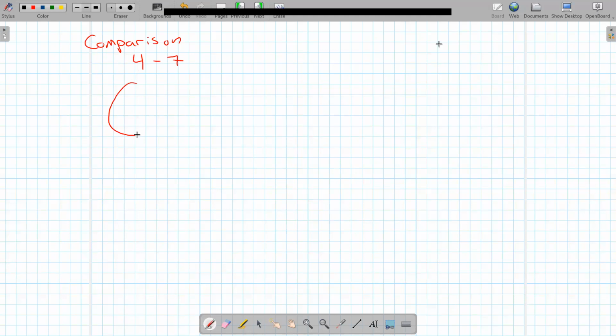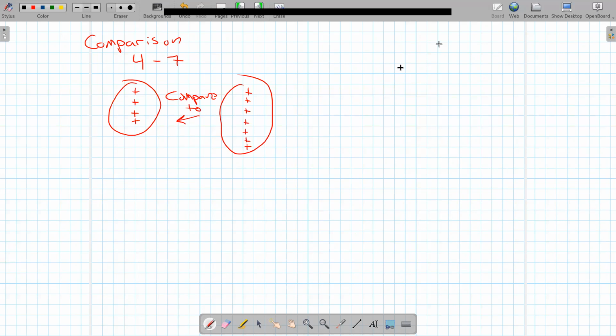So at first, when I try to do that, 1, 2, 3, 4, and then I compare to 1, 2, 3, 4, 5, 6, 7, I can't quite make that comparison, right? The comparison really goes back that way.